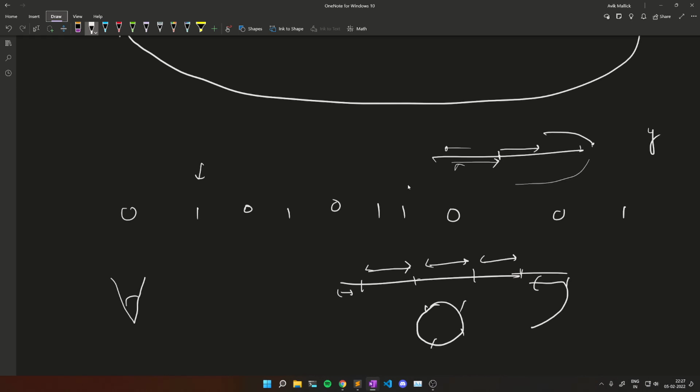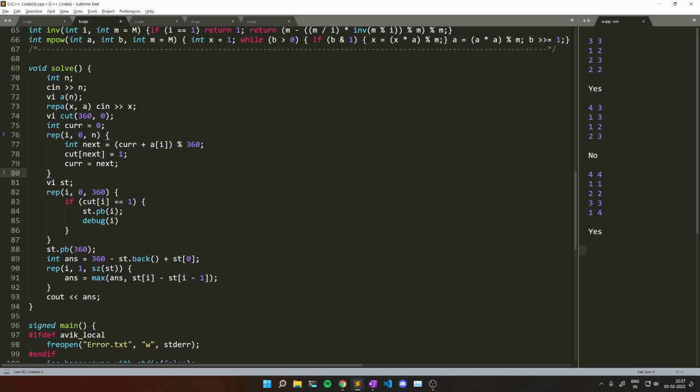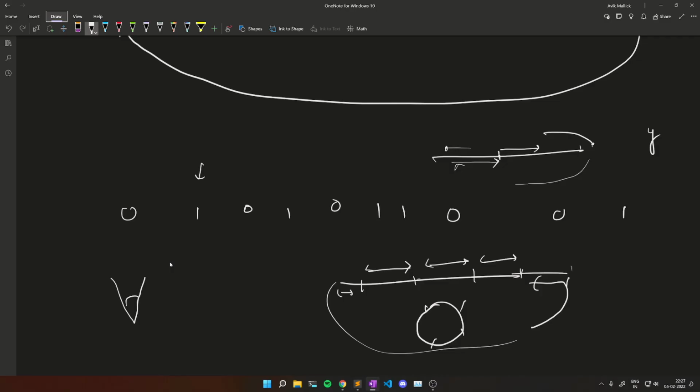The last is also connected with this. So initially I store 360 minus st.back plus st[0] as my answer, which is nothing but the distance between the last cut and the first cut.